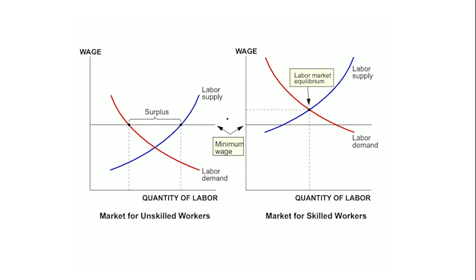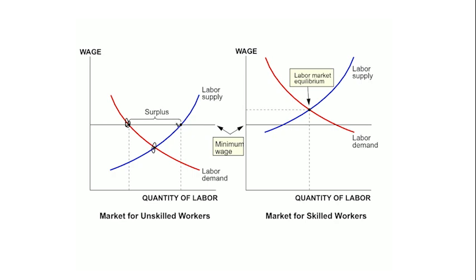So you can see that over here. The equilibrium was down there, but with the firms having to pay a higher than that level, they will have a smaller quantity of labor demanded. And so along this labor demand curve, assuming it's drawn correctly, there's going to be a reduction in employment because of the minimum wage.